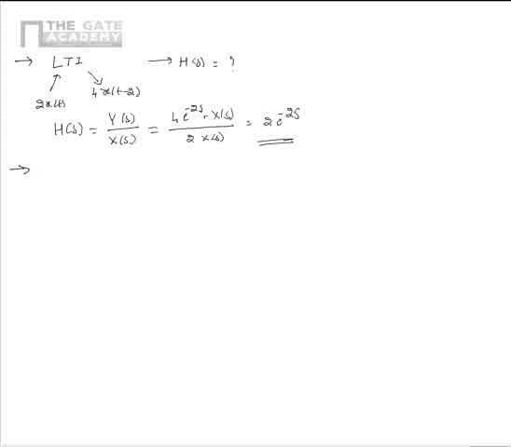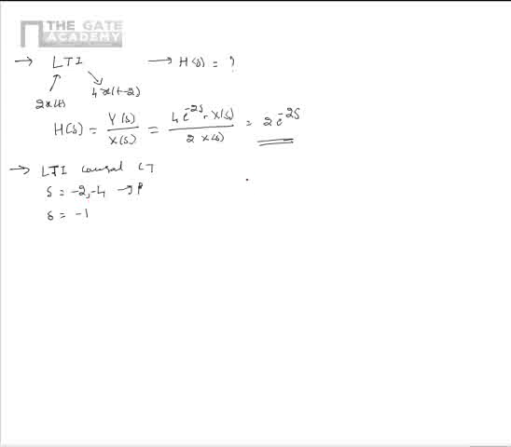Now let us look into another problem. It's given that there is a linear time invariant causal continuous time system. It has simple poles at s is equal to minus 2 and minus 4. It has a simple 0 at minus 1.